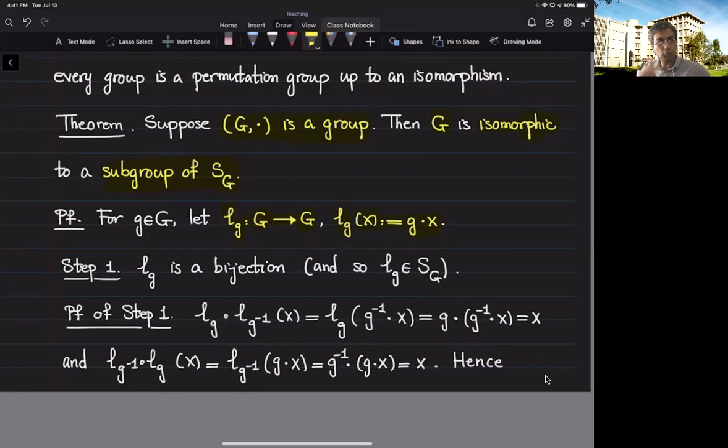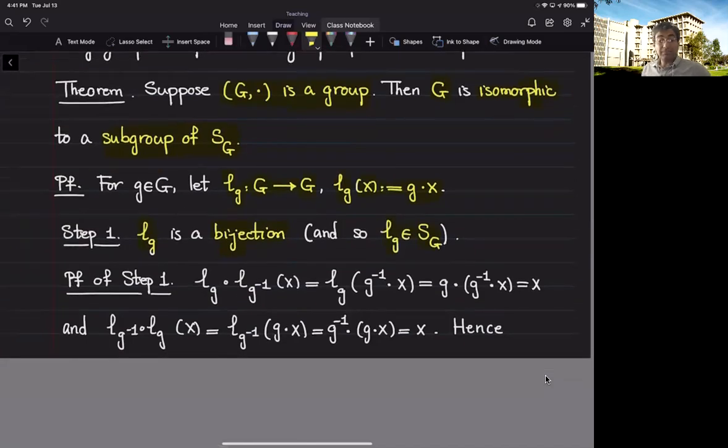Now, I'm going to show that this is a bijection, and therefore this is an element of S sub G. Later, we are going to use this in order to get a function from G to S sub G. Okay, but bear with me. First, let's look at L sub g and try to show that L sub g is a bijection, and therefore L sub g is an element of the symmetric group of the set G.